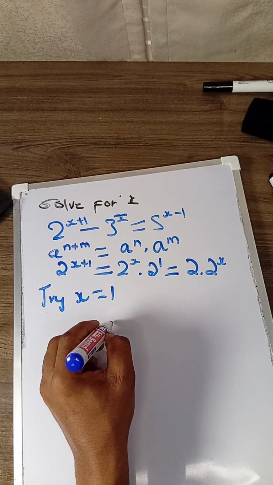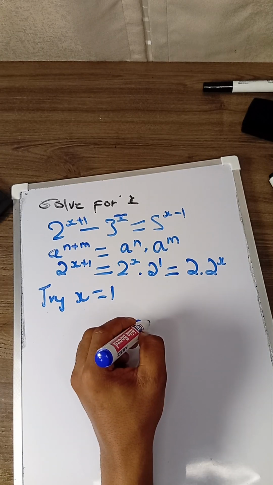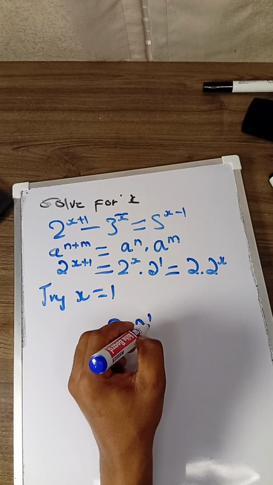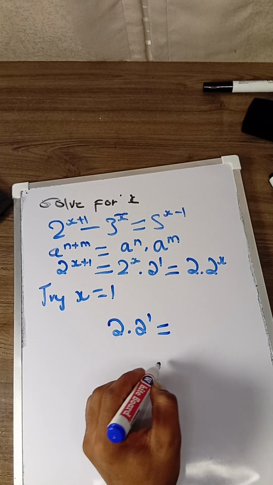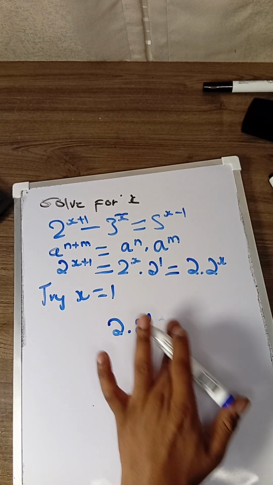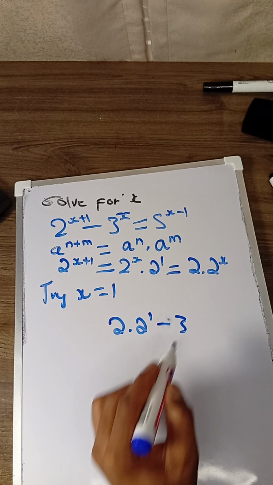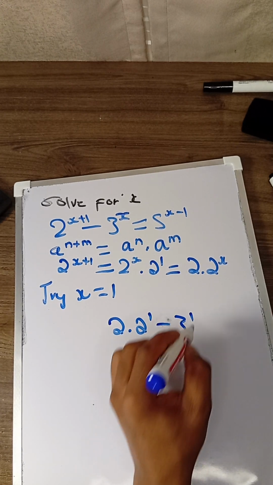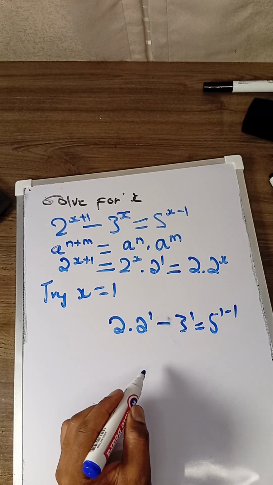Now it's going to be 2^(1+1), no, not is equal to, minus 3^1 is equal to 5^(1-1).